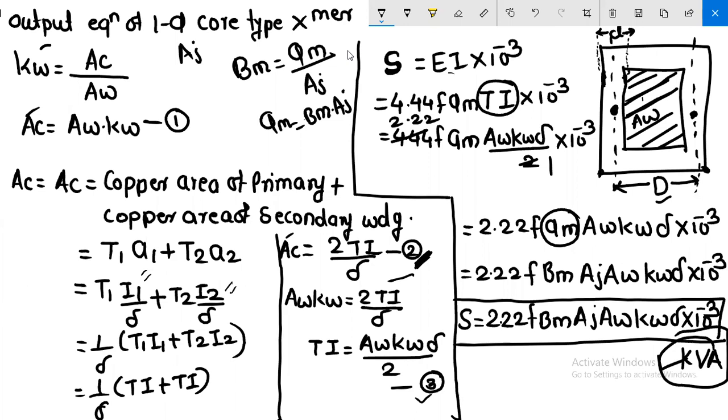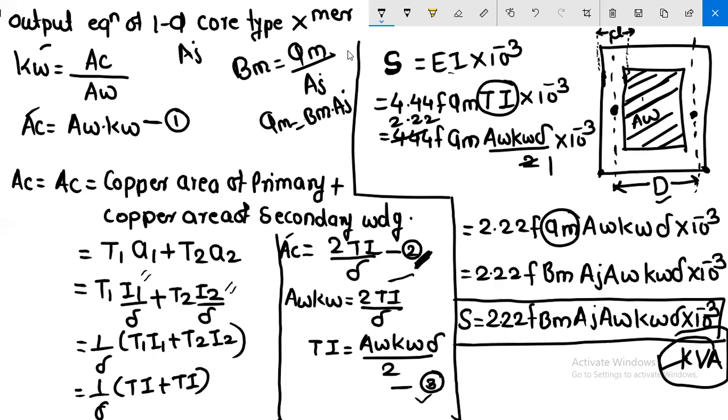Equation number 3rd. लिहिलं. इक्वेशन नंबर 3 लिहिलं सगळ्यांनी.